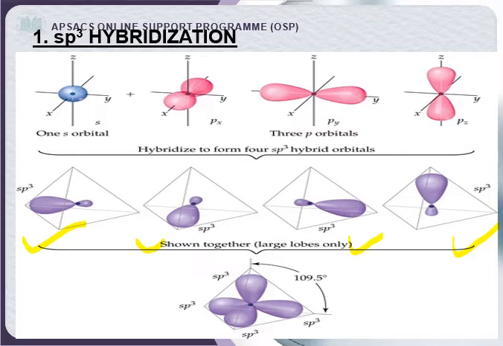They will give a tetrahedral geometry. Four will be assembled like this, each one having an angle between them of 109.5. So actually this is the shape which will originate when sp3 hybridization occurs in the substance. The central atom will hold four sp3 hybrid orbitals arranged in a tetrahedral manner.